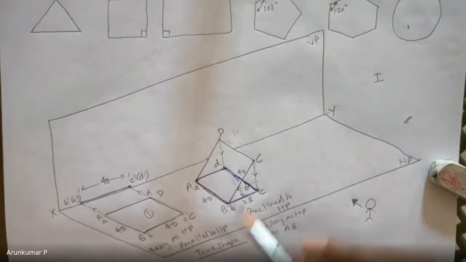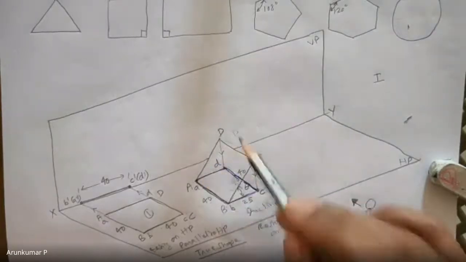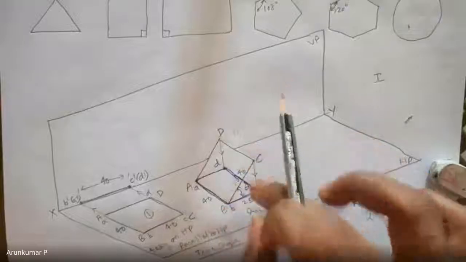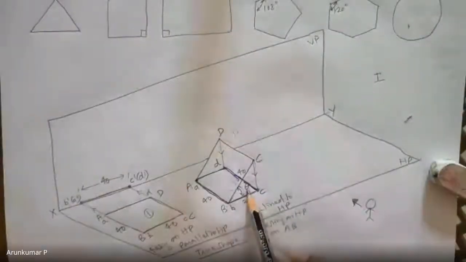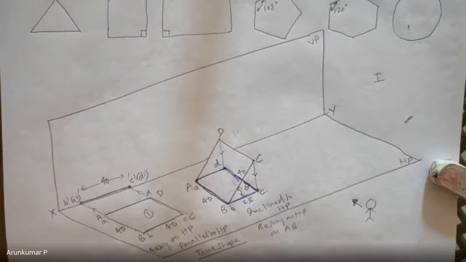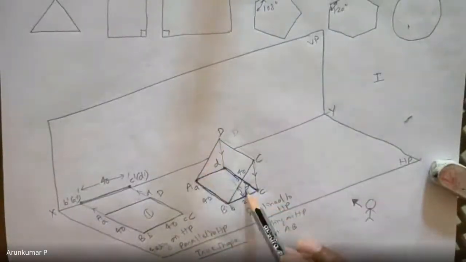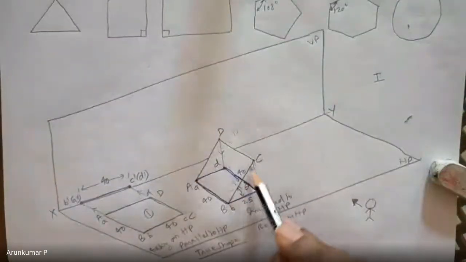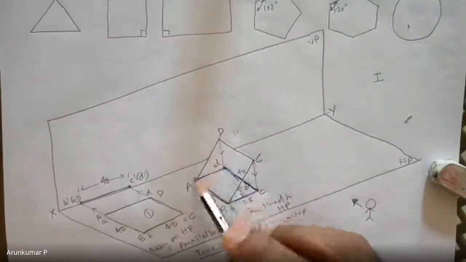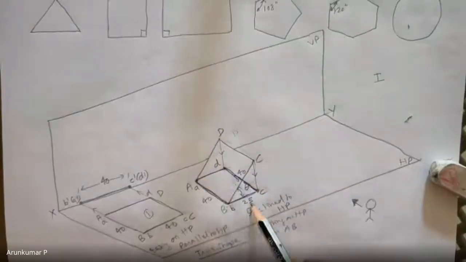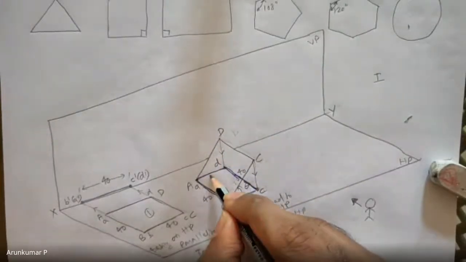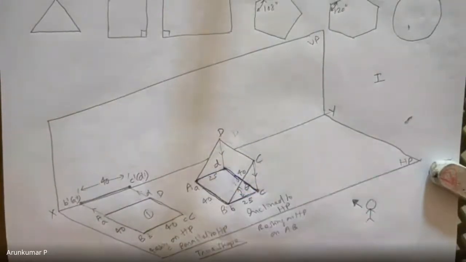But what about BC and AD? Are they parallel to HP? No, they are inclined by some angle theta. Because BC and AD are not parallel and they are inclined by an angle theta to HP, that is the reason why the 40 mm BC and AD become 25 mm. Both of them become 25 mm in the top view.